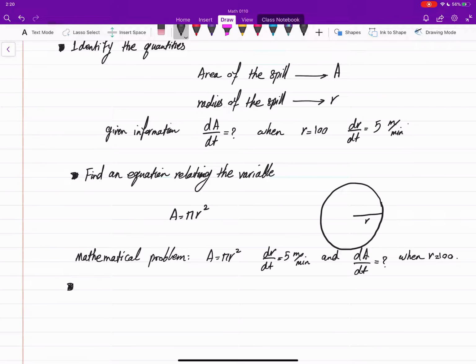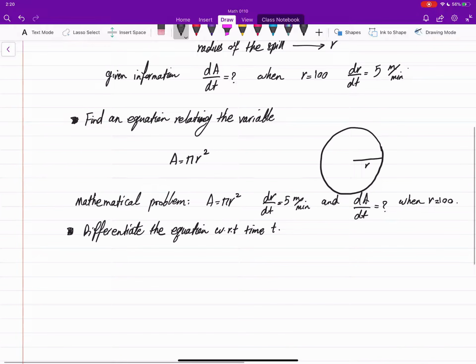So we start differentiating the equation with respect to the time variable, which is t. We have d/dt of A and d/dt of pi r squared.